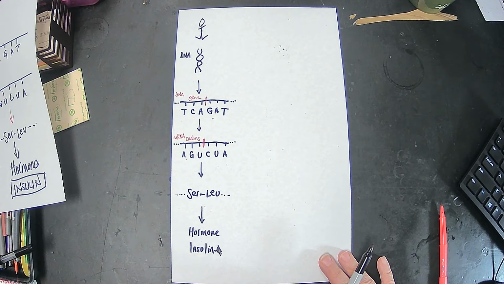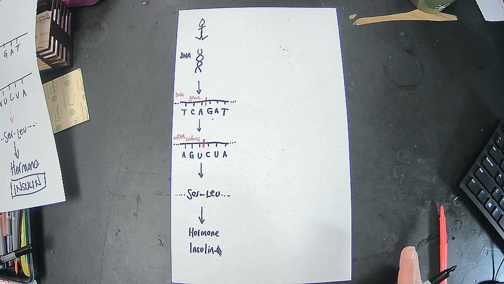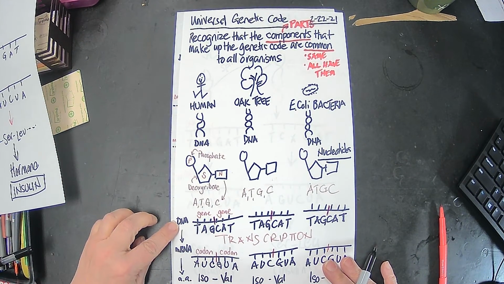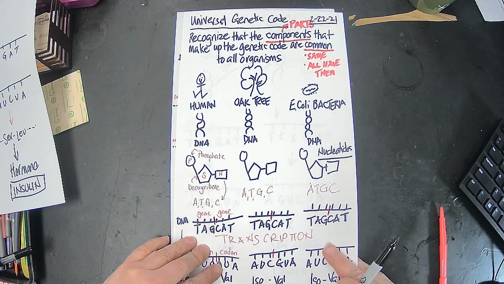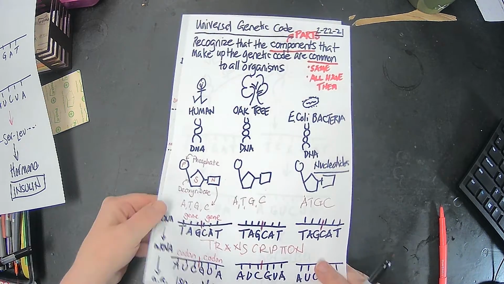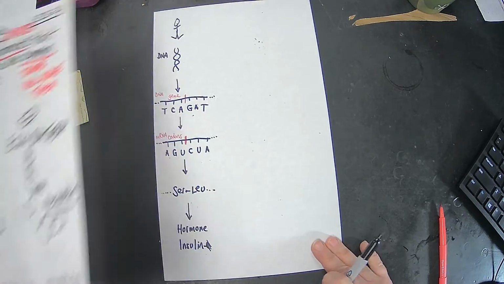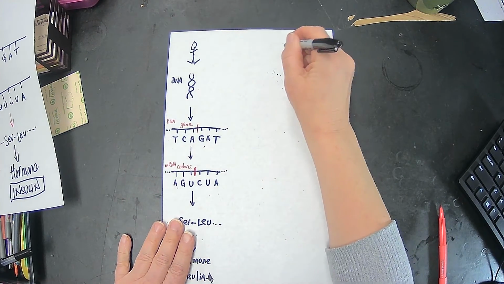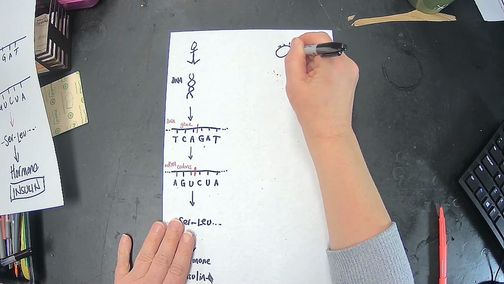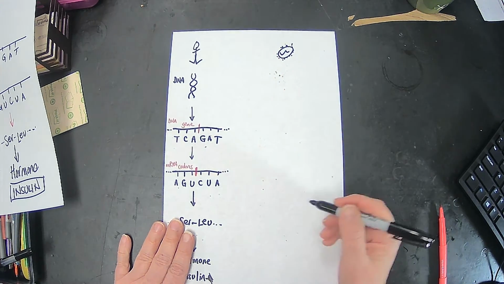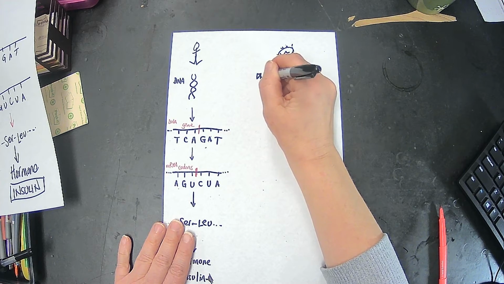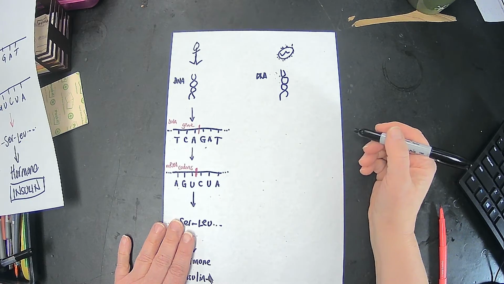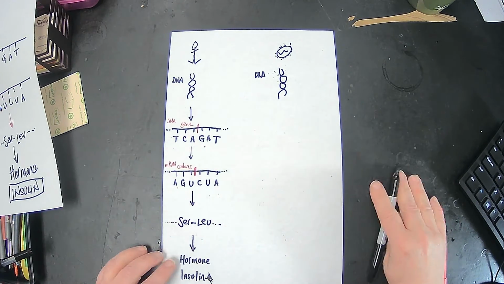Well, if you recall, when we talked about recognizing that the components of the genetic code are common to all organisms, what we're going to do is take a bacteria, for example. Now we know that bacteria contain DNA. So here would be bacterial DNA.